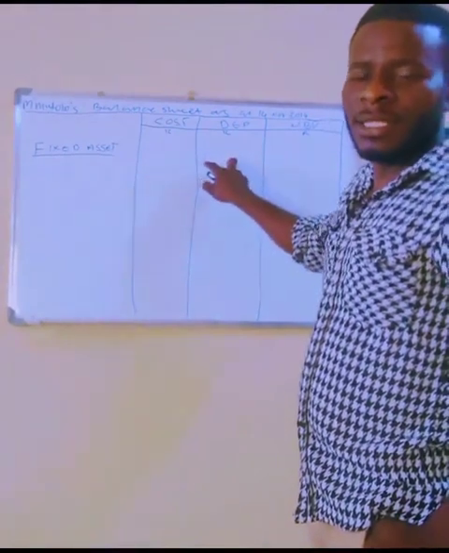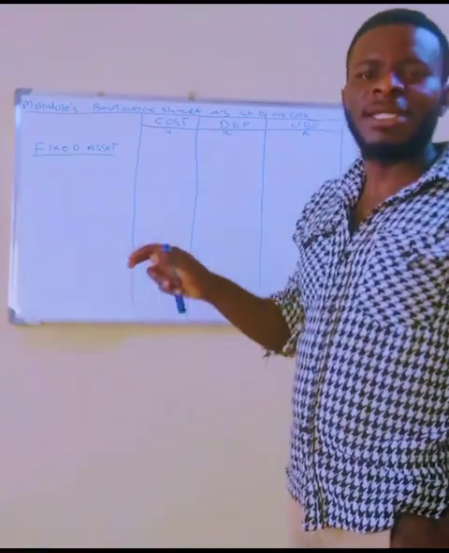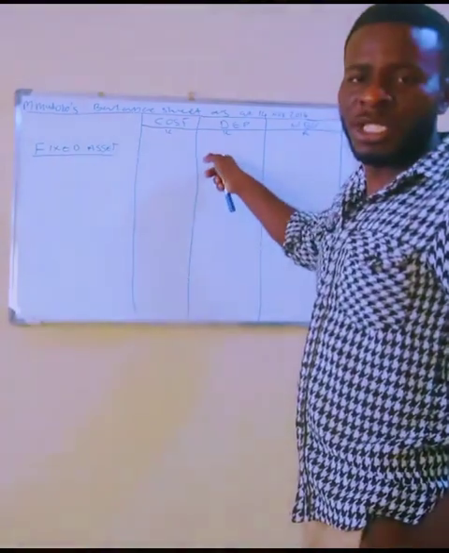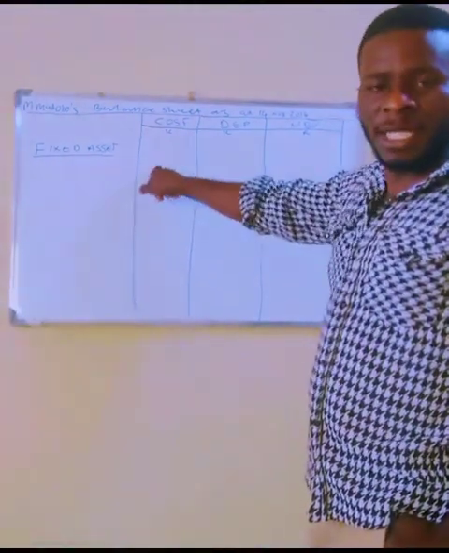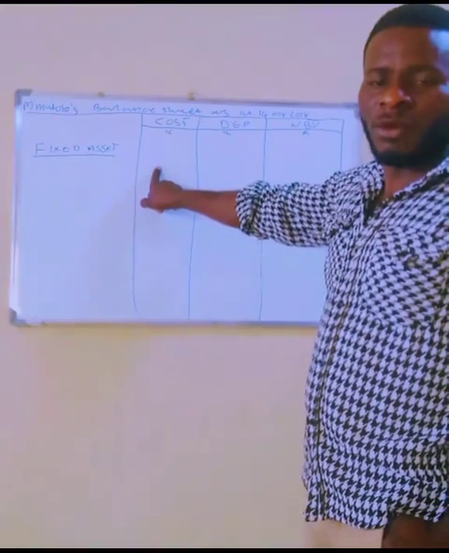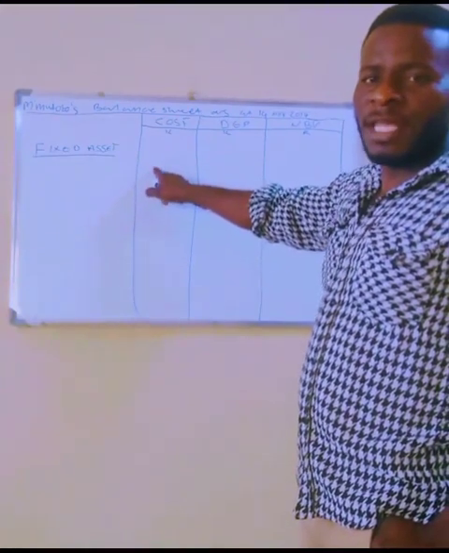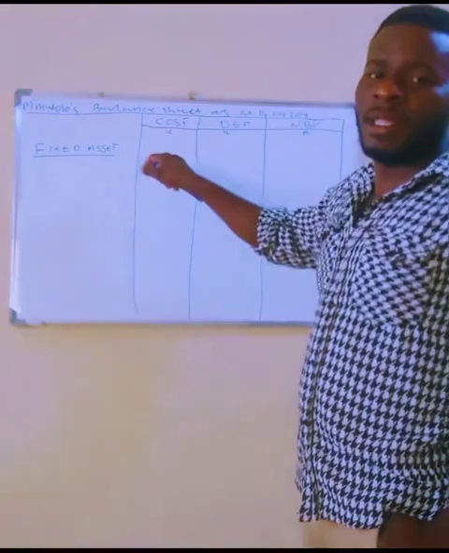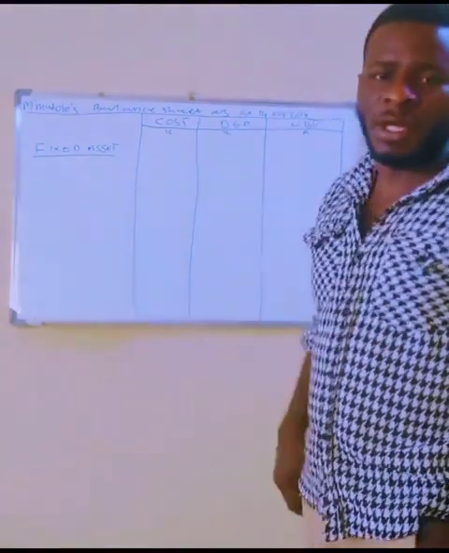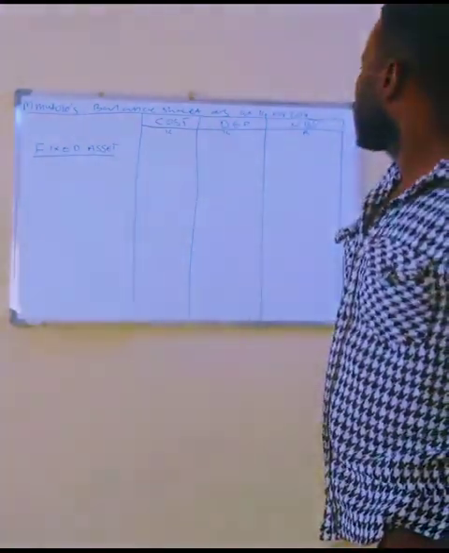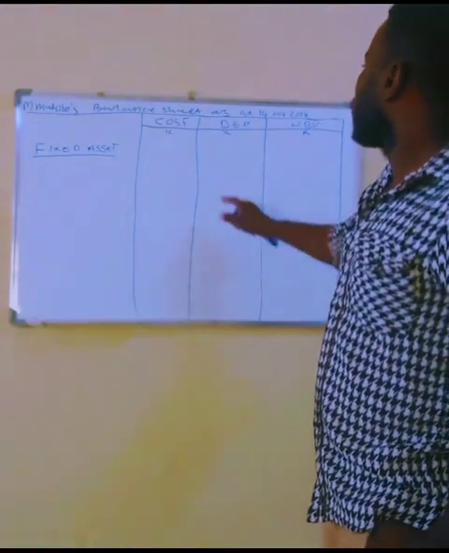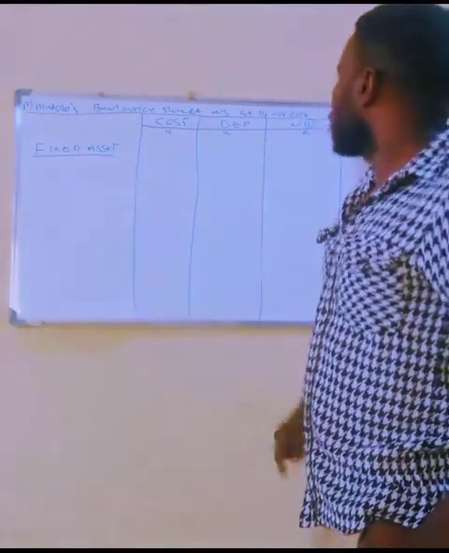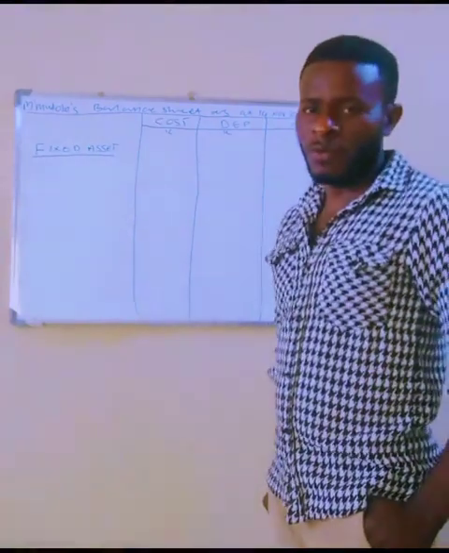If it has depreciated by a certain amount in that particular year, you put it here, and it will be deducted from the total cost. Whatever figure you have after subtracting the depreciation from the original cost at which you bought that asset is what is called the net book value.